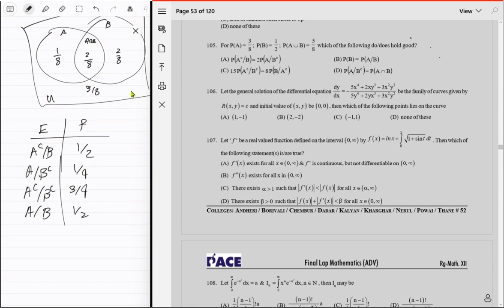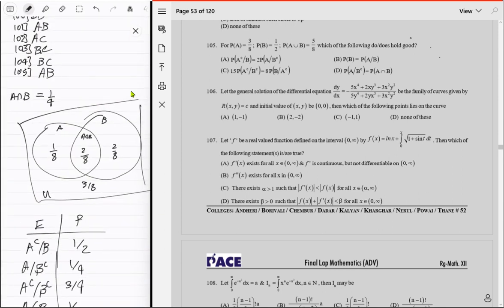A not happening given B. A not happening is all of this, and given B, so just 2 upon 8, yeah, okay, this is just 1 upon 2. And A given B not happening: all of this is 4 and A is 1, so just 1 upon 4. A given B is just that. Yeah, okay, this does look correct.